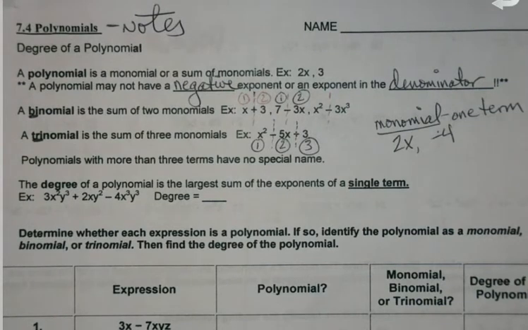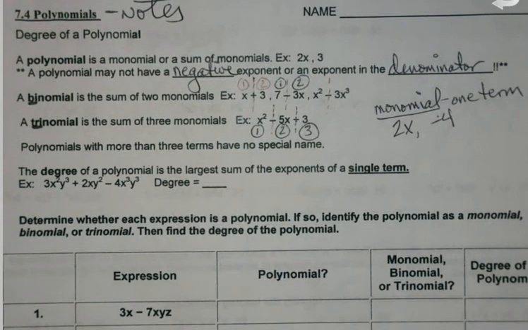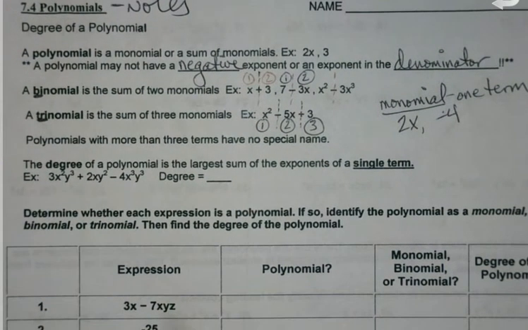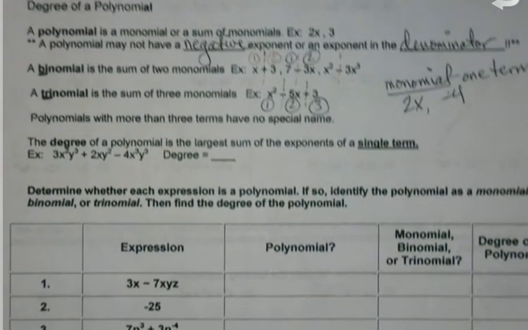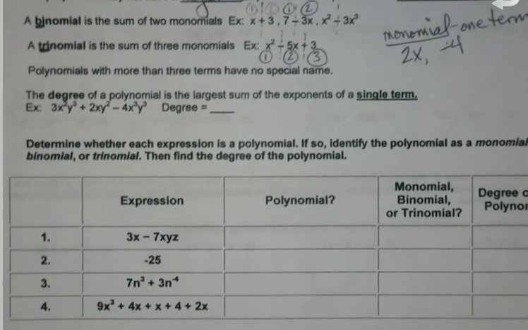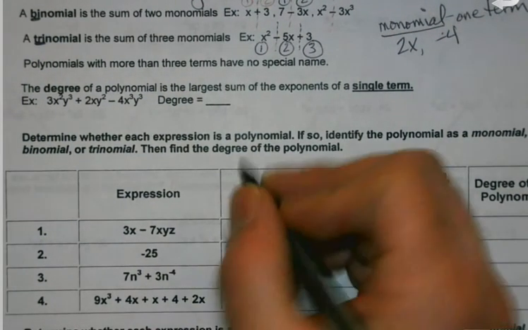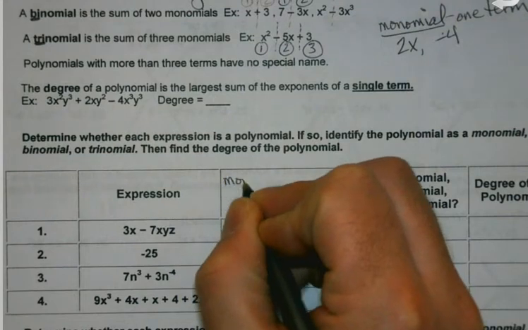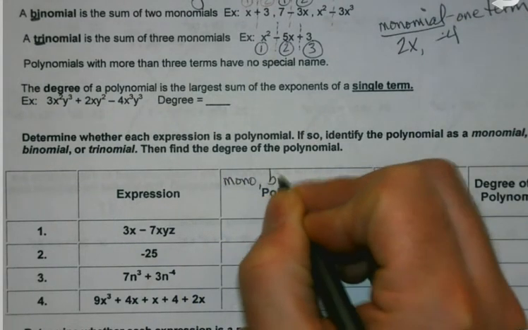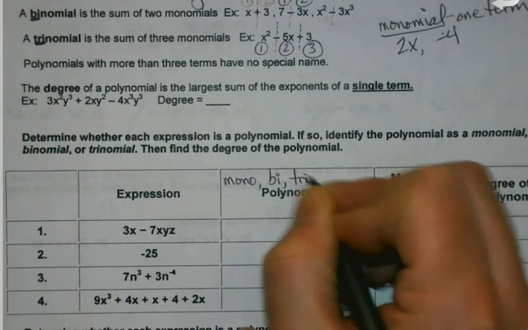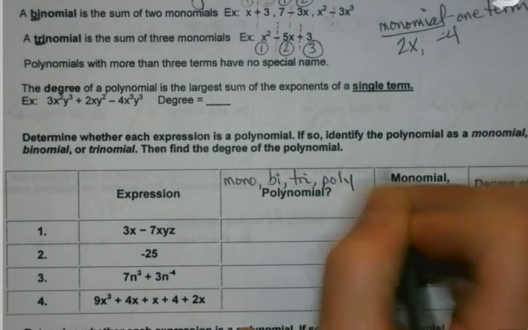So let's come down. I'll come back up here to degree in a minute. I'm going to come down to this chart, and I want to work on this first column first. When it says polynomial, it just means which of the types is it going to be.